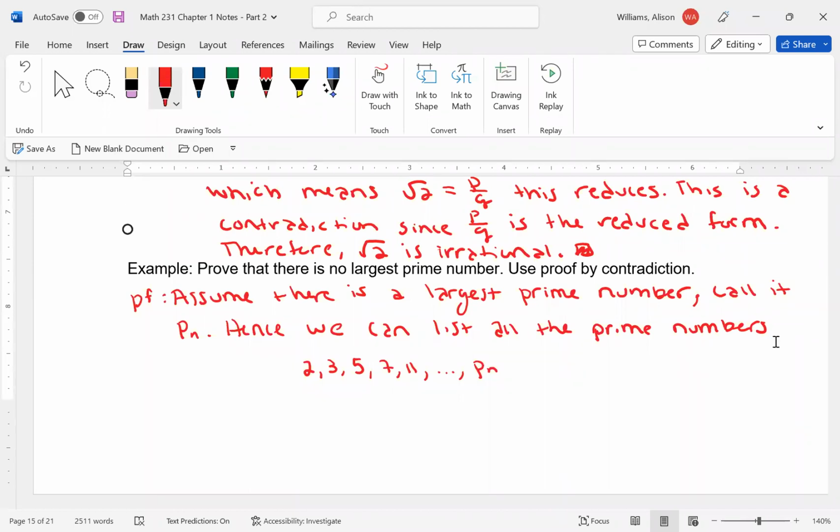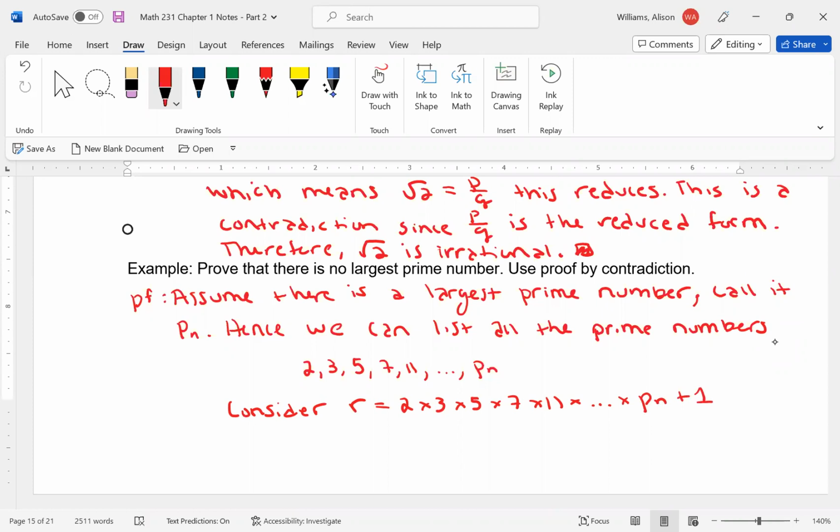Now, consider this special number. I'll call it R. Let's say R equals 2 times 3 times 5 times 7 times 11 times all the way times P sub n, plus 1.